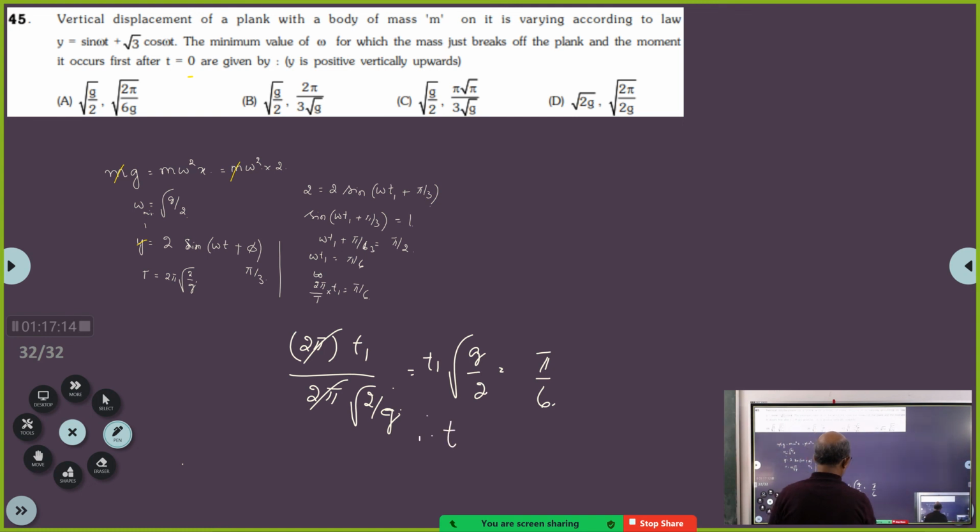Okay, so t1 will be equal to pi by 6 into root of 2 by g. I had also got the same expression when I did it that way. Anyways, it should be correct. This should be correct. So just see to get this adjusted.